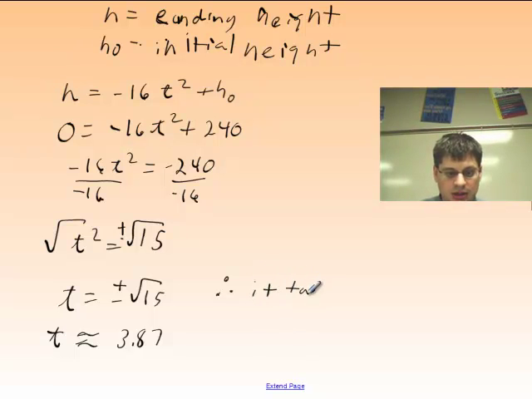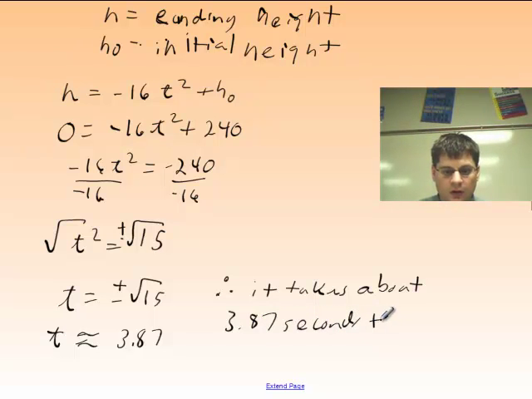So I would say, therefore, it takes about 3.87 seconds for the ball to hit the ground.